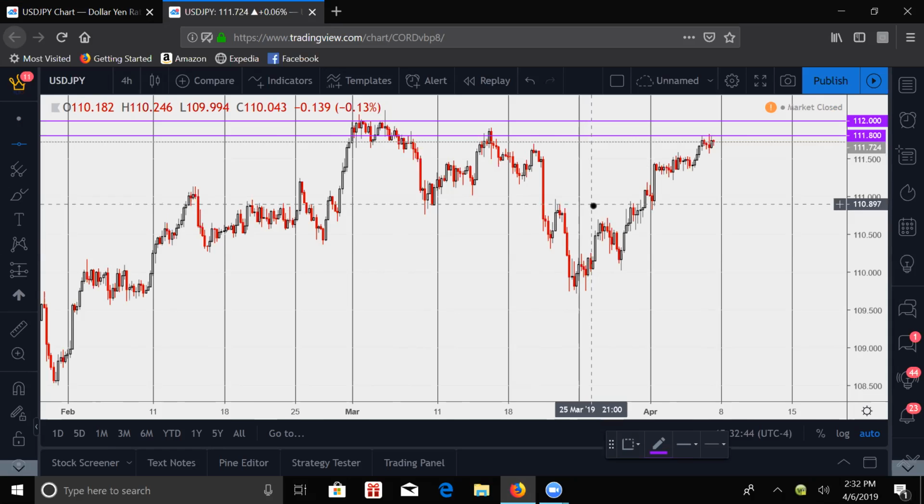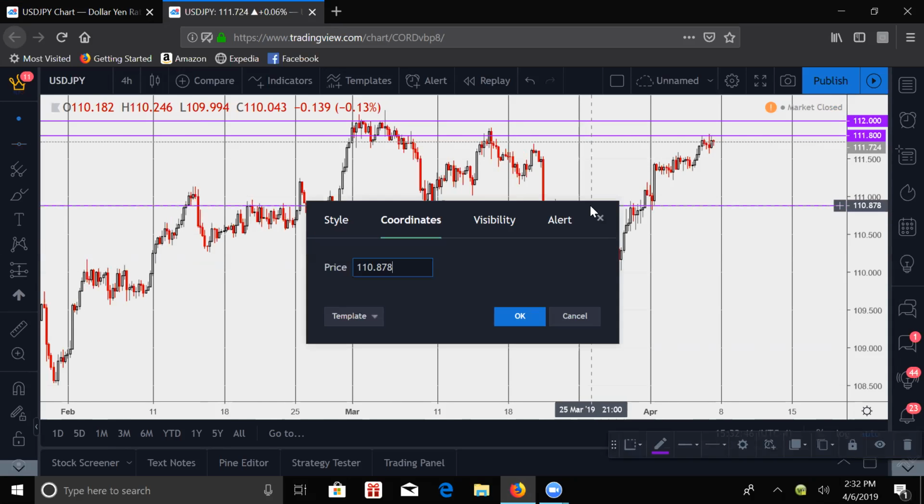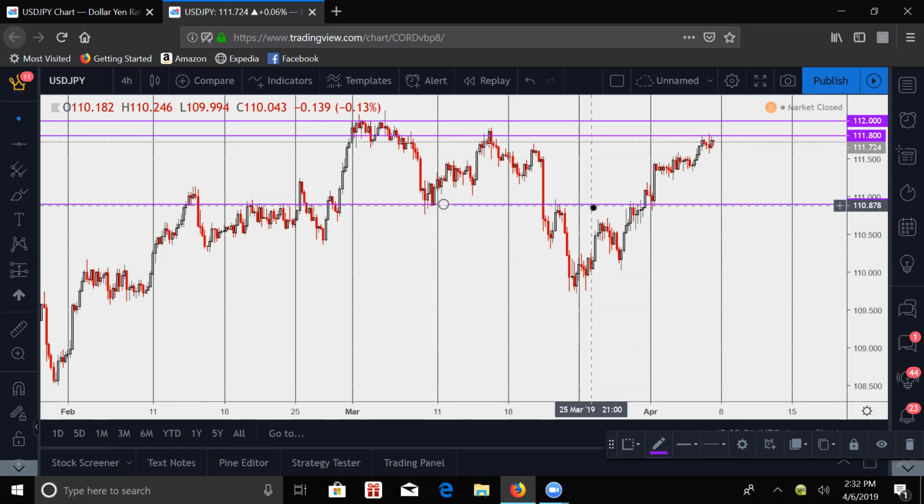So that'll be my resistance area right here. My first level of support, I put around here, about 110,900.